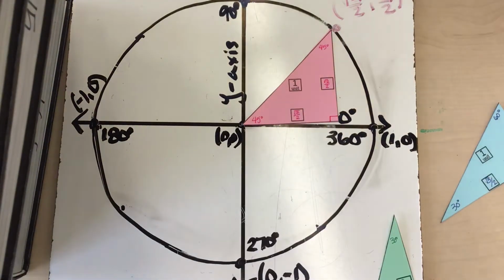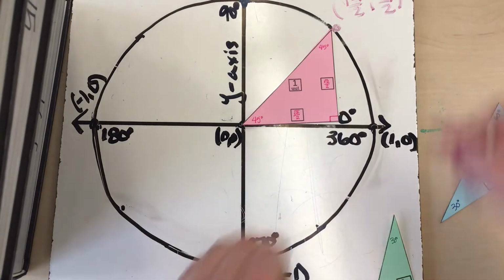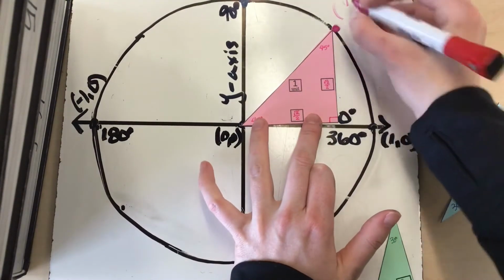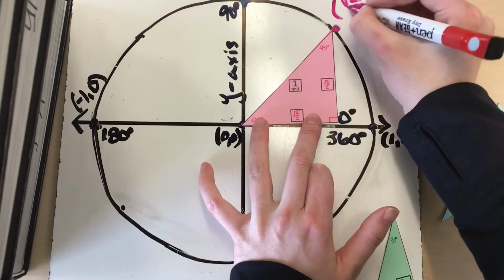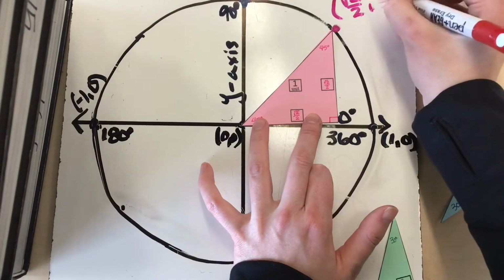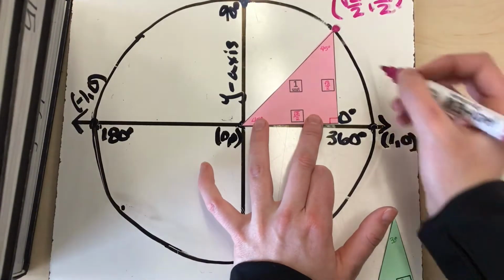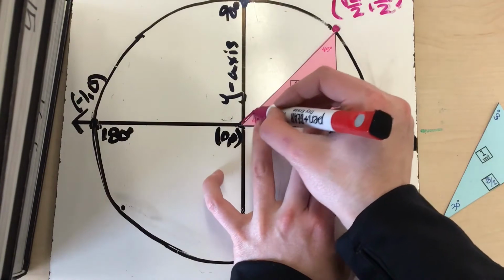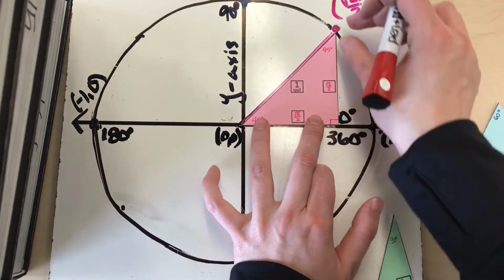Now I'm going to grab a different pink because that is clearly not working out. Okay, so I'm going to label this point square root of 2 over 2, square root of 2 over 2. Much better. And then cover in my hypotenuse.